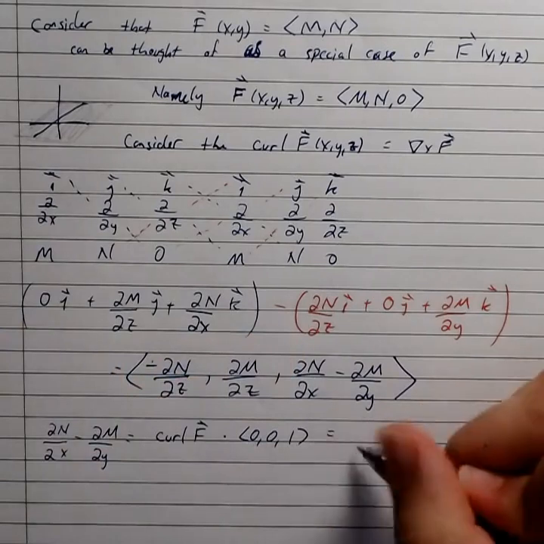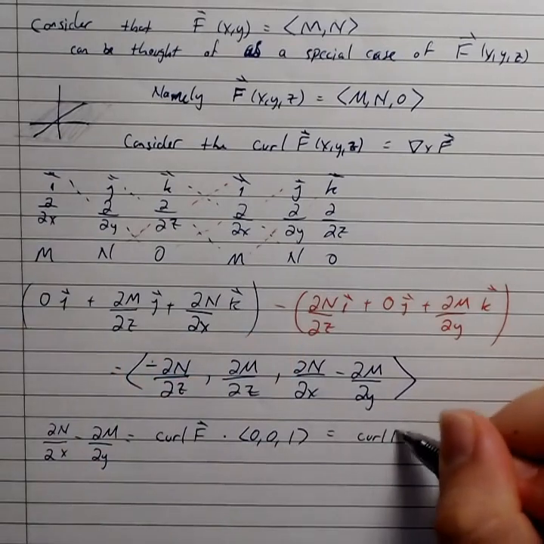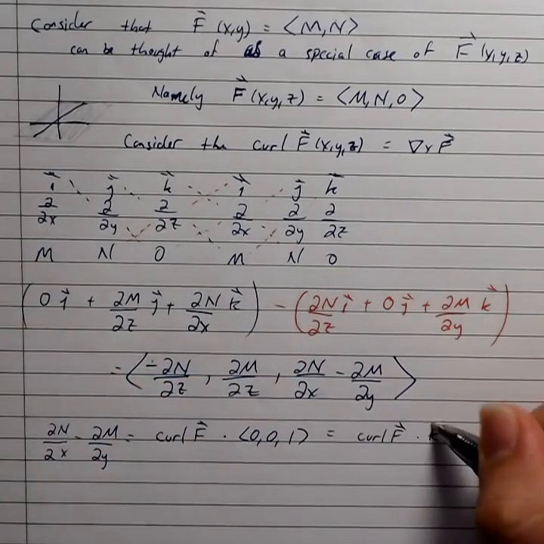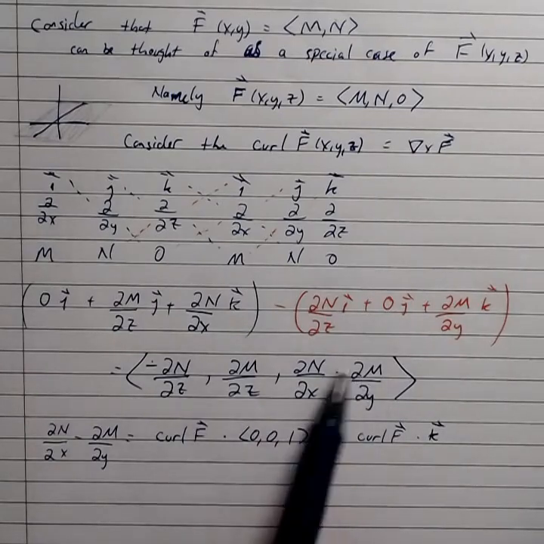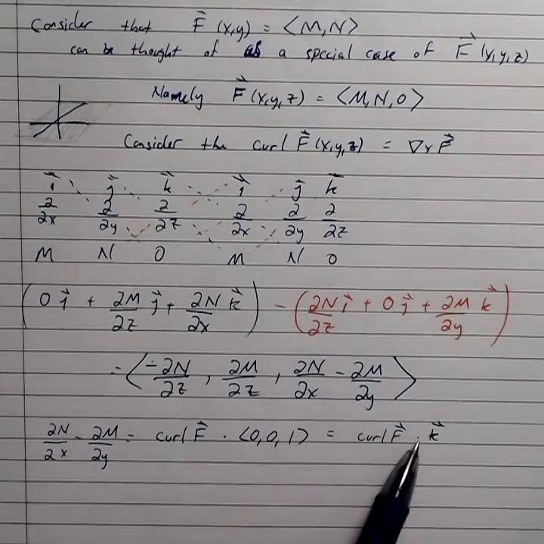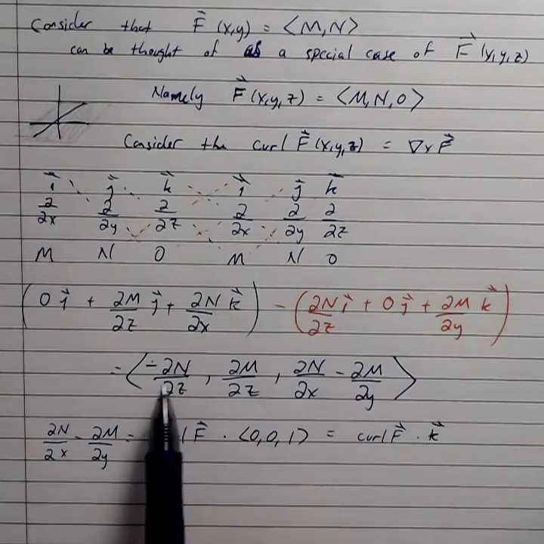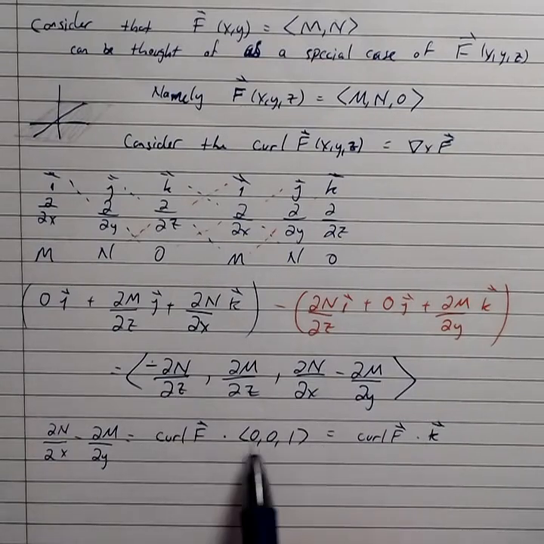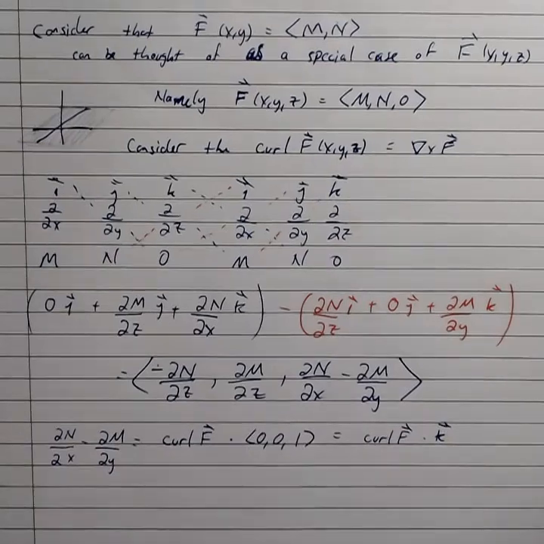This is also sometimes written as the curl of f dot the vector k. Because remember, k is the unit vector 0, 0, 1, the third component of a vector. So this is just an alternate notation for that.